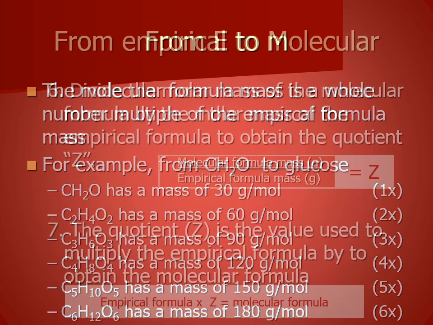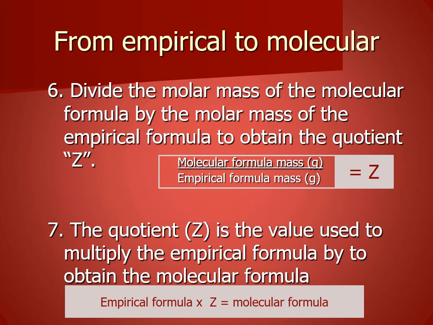Let's move on. I've kept this whole step 1, 2, 3, 4, 5 going, and I'm just going to call this steps 6 and 7. So what do you want to do in order to go from the empirical to the molecular formula? Here's what I would do.